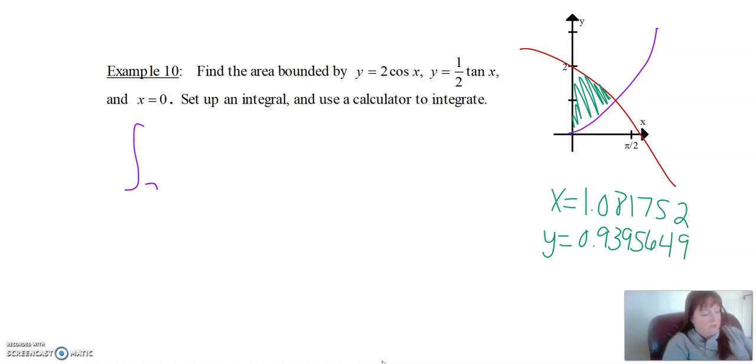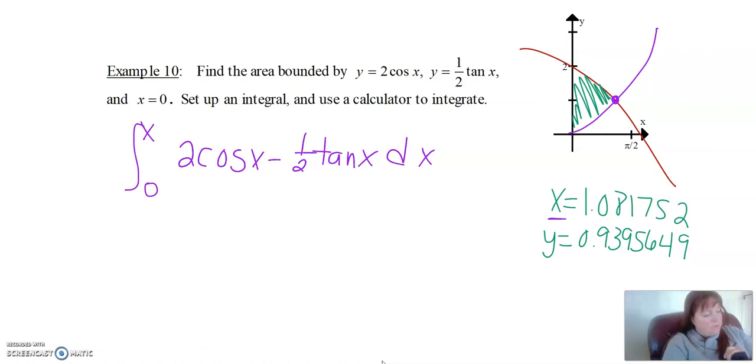The left bound is 0. The right bound is this x value right here, 1.08 and so on. We know that's stored in our calculator as x, so let's just put x there. Then we do the top curve minus the bottom curve, so that's 2 cosine x minus 1/2 tangent x dx. So we just set that up.